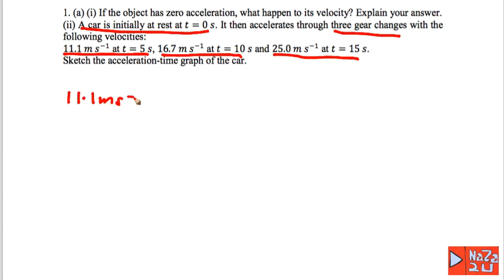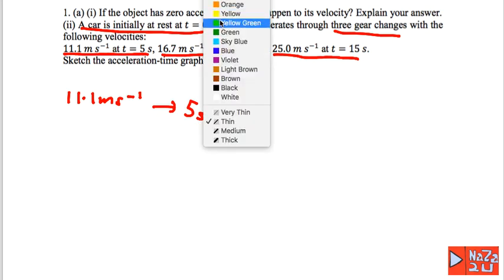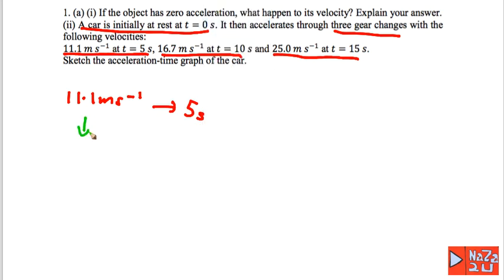Let's say the first gear is 11.1 meters per second at t equals 5 seconds. So here you have the velocity and the time t.